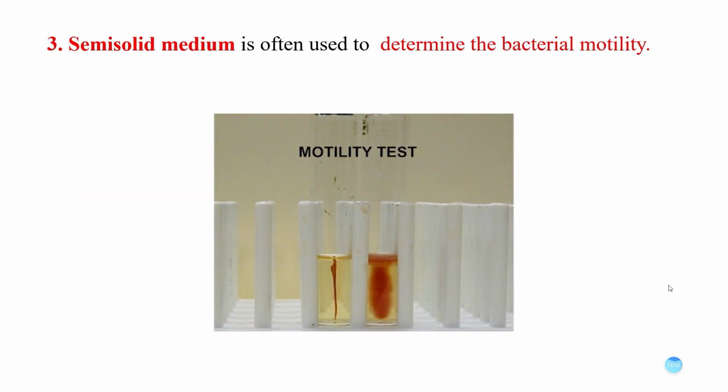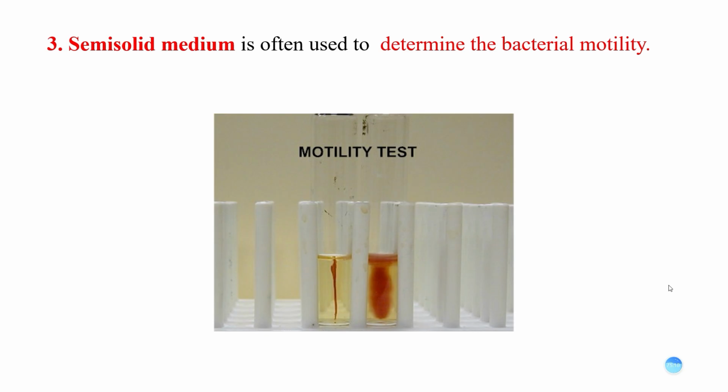Okay, the last type of medium is the semi-solid medium. Semi-solid medium means that when you prepare the medium, you add a lower concentration of agar, so that the medium is between solid and liquid. It will solidify, it does not flow, but it's very soft.